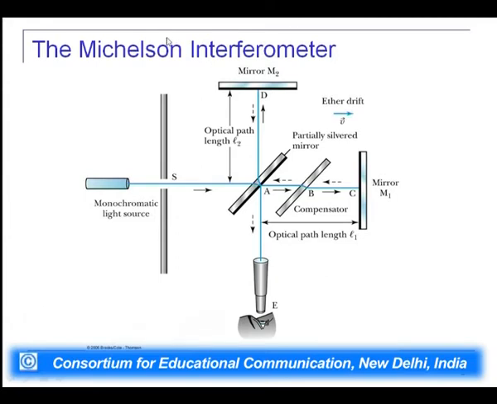It means this experiment is done in the presence of a material which is called the ether and which is moving with velocity v. The optical path length of the refracted ray is L1 and the optical path length of the reflected ray is L2.